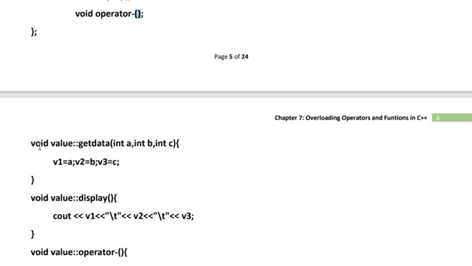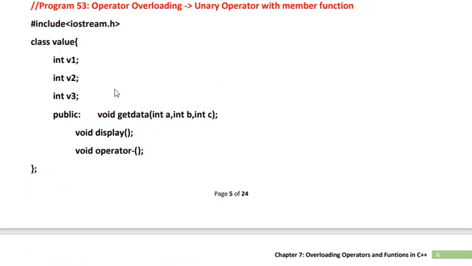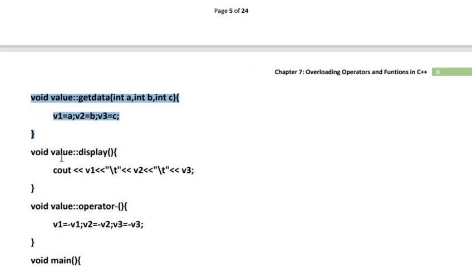Now I've defined the get data function outside the class. This is the way you can define get data. I am providing the function get data three different values, a, b, and c. A, b, and c get initialized to the private data members, that is v1, v2, and v3. Likewise, I'm trying to display the contents of v1, v2, and v3, so I have the display function defined outside the class, right?